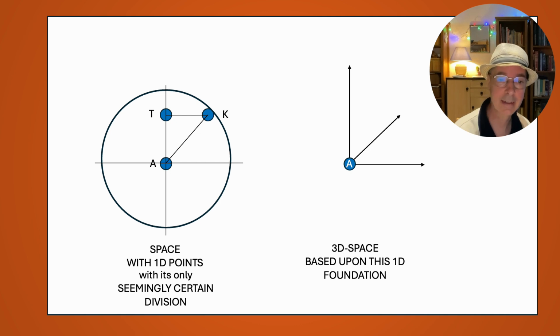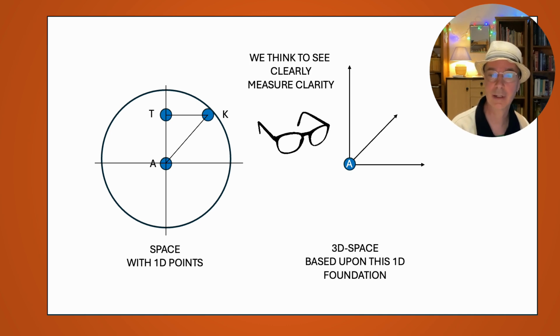Now the problem is that the divisions in space, the points in space, are not exact signs, not exact points, but they are a tendency to look for exact points. They are a certain division only from a kind of estimation. So we think we see and measure everything with clarity, and the three-dimensional space, how we also use it in mathematics, is also based upon this foundation that it should be clear.